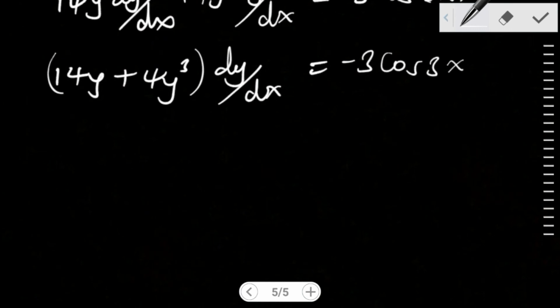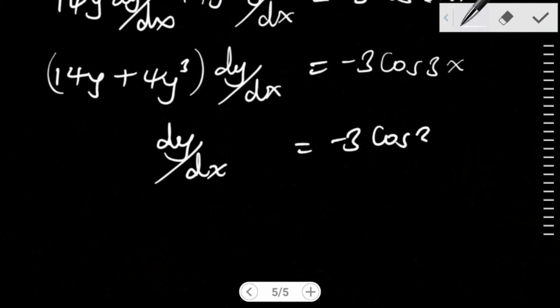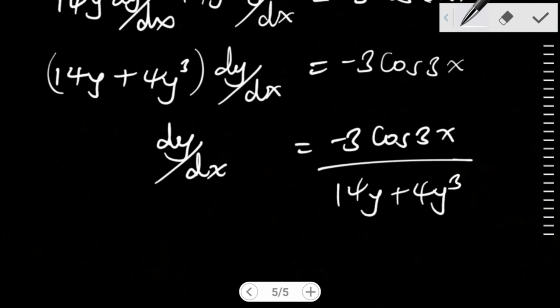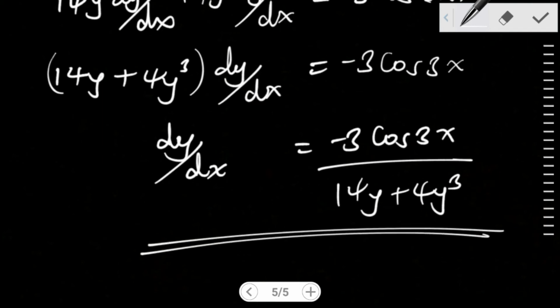So dy/dx would be equal to negative 3 cos 3x all over, we are dividing throughout, 14y plus 4y cubed in this case. Therefore, this would be our derivative in this case.